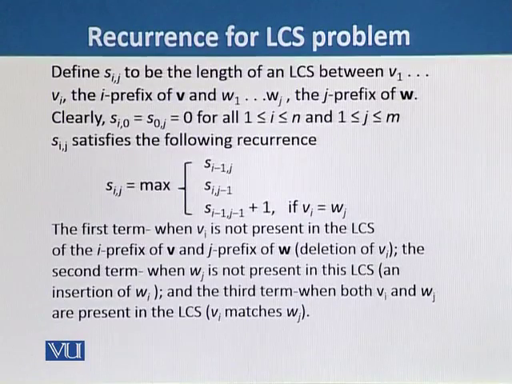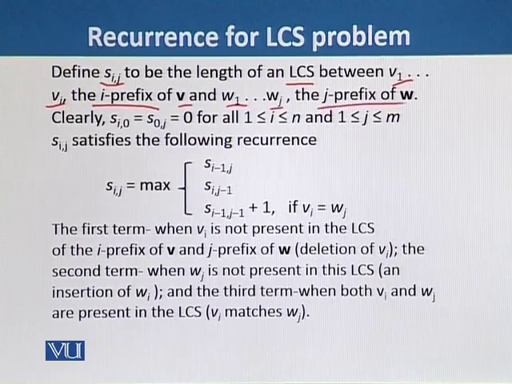If we define S(i,j), any vertex in the graph, to be the length of the longest common subsequence between V1 up to Vi, the i-prefix of V, and W1 to Wj, the j-prefix of W, then clearly S(i,0) and S(0,j) are equal to 0.